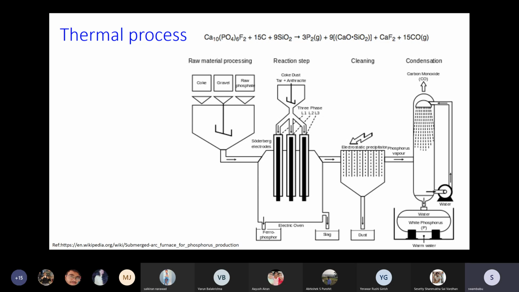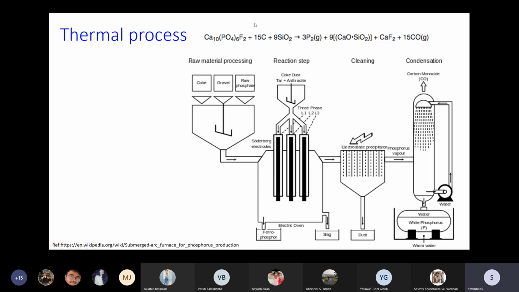Whenever we need very high heat and an instantaneous supply, it's always advisable to use electric ovens. The typical electric oven will have these electrodes, the wires, which will generate a lot of heat.